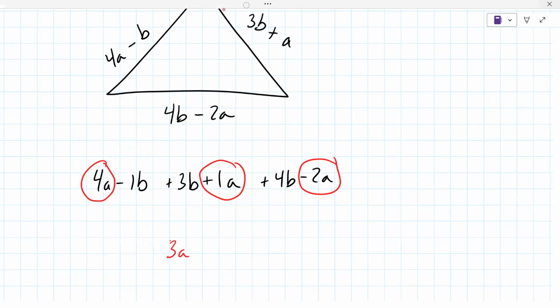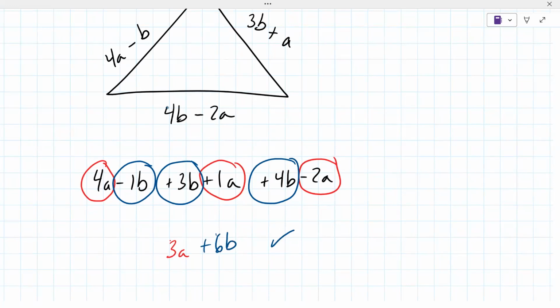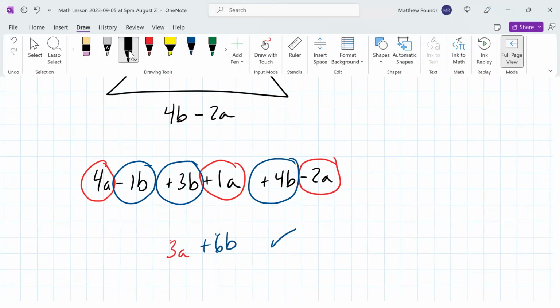Good. And then the other one here, you can see it's nice because minus 1b plus 3b plus 4b. 6b. Yes. Good.